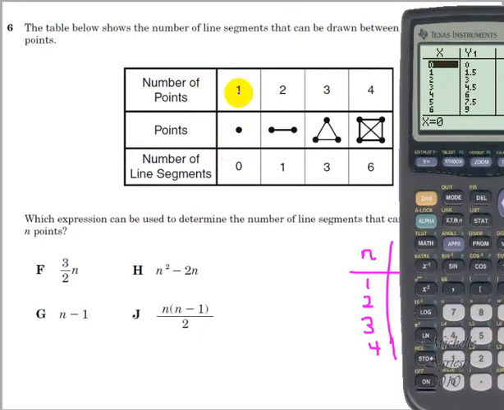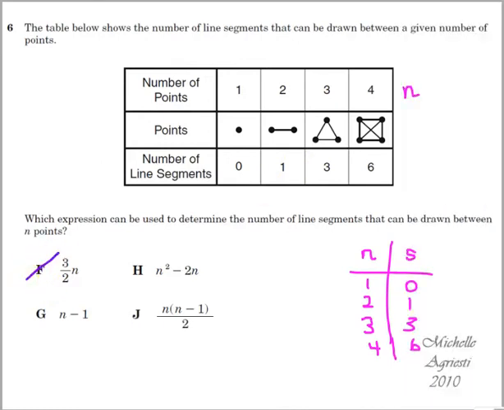When x is 1, I should get 0, and I see 1 corresponds to 1.5, so it doesn't work. 2 corresponds to 3. 2 is supposed to be 1. So obviously F does not work.